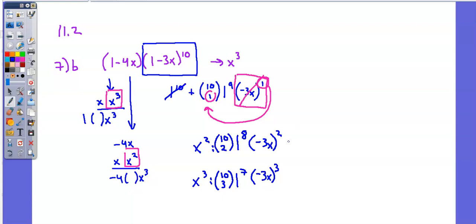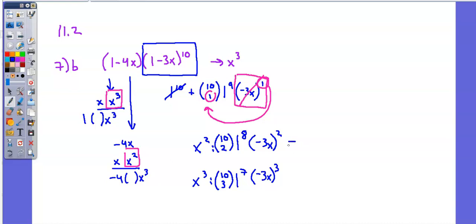Now when I expand the x squared term, I have 10 choose 2, which is, let me back up for a moment. There. Okay.